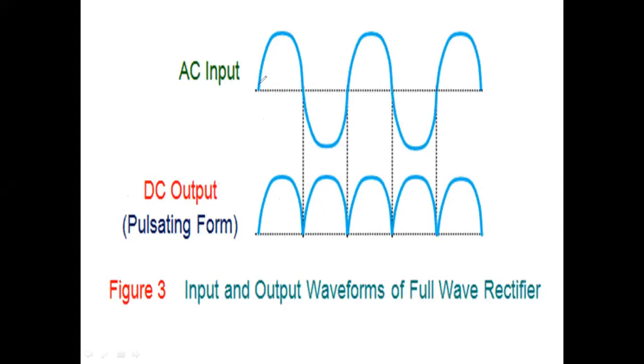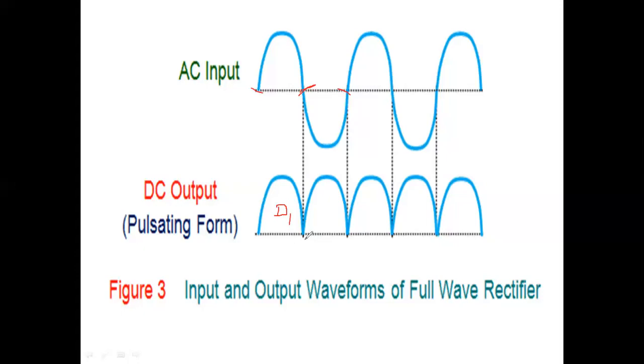Here this is the AC input. This is the positive half cycle and this is the negative half cycle. For the first positive half cycle, diode D1 will conduct, and D2 will block the current, acting as an open circuit over there.